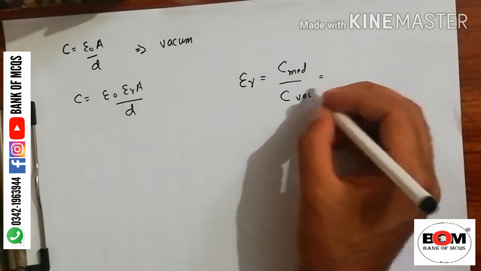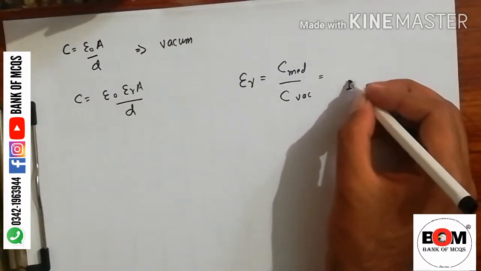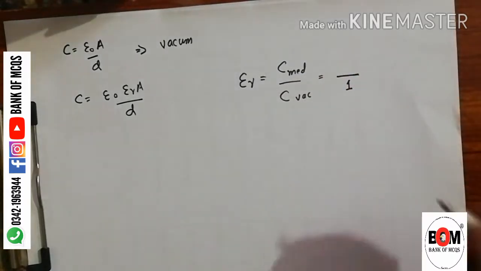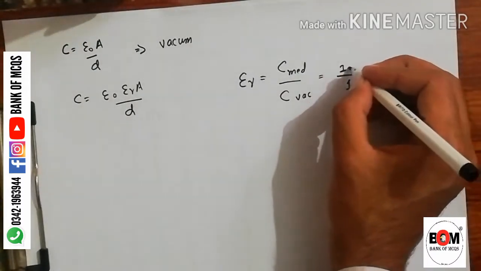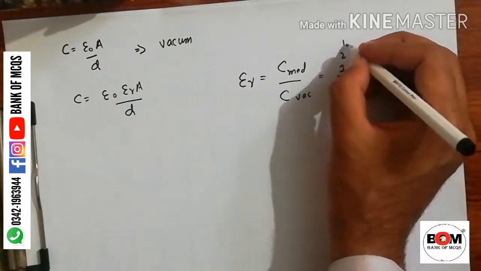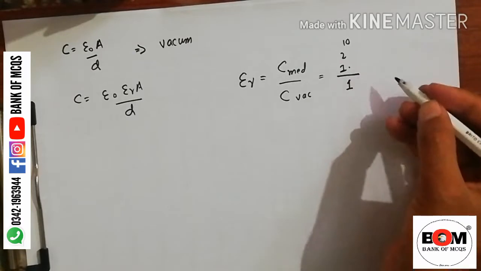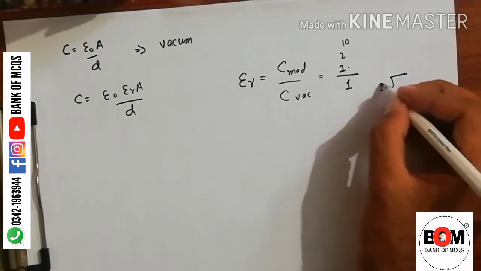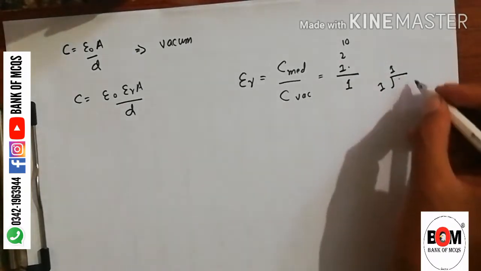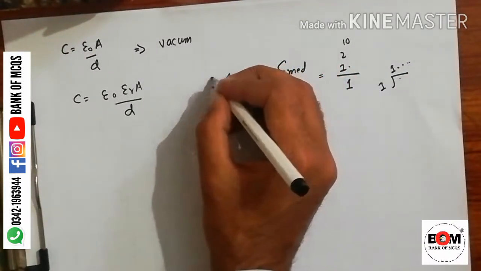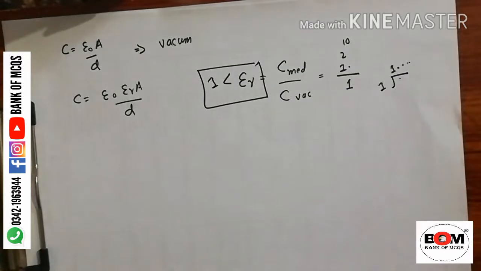For example, putting C vacuum equal to 1, C medium will always be greater than 1. So multiplying it will be 1 point something or 2 or 10, but it will be greater than 1. So the ER value is also always greater than 1.